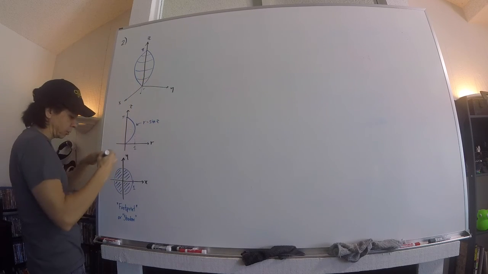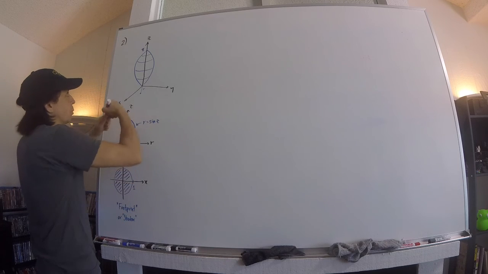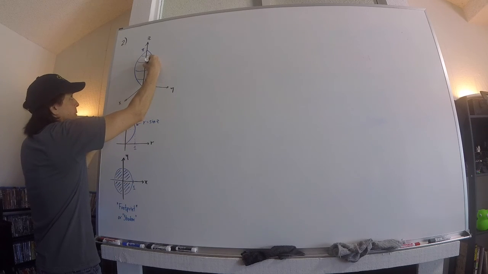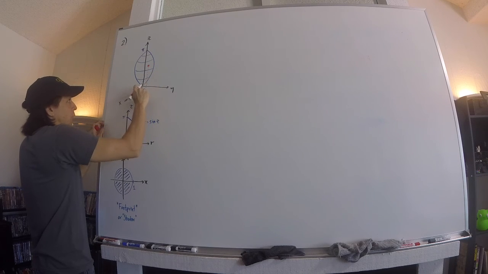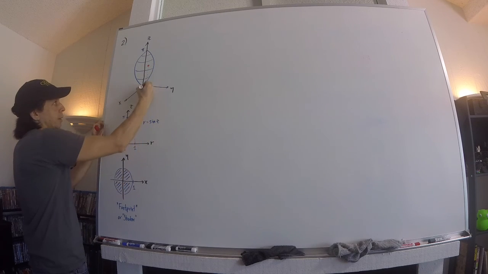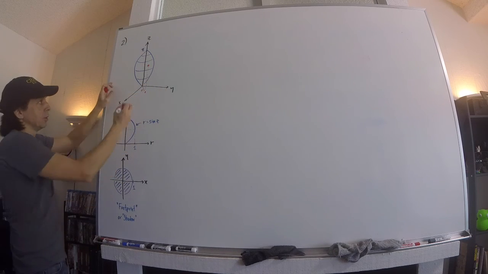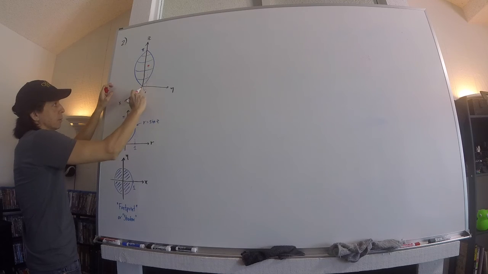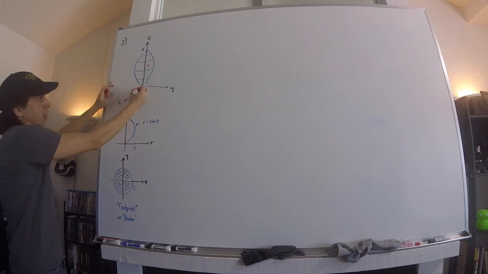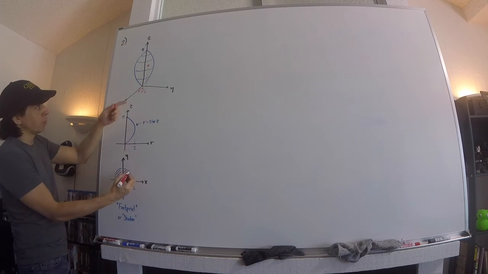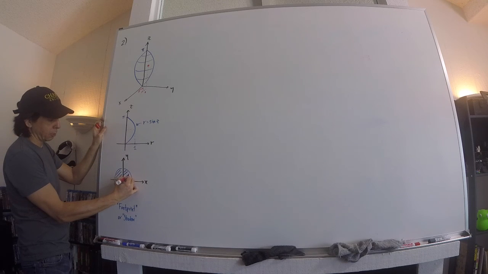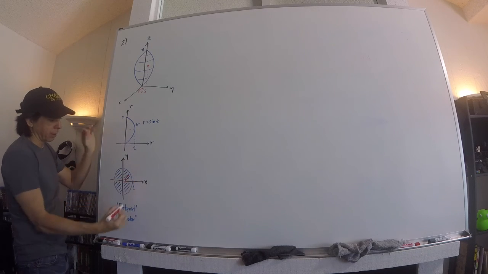Even if it's a point above the xy plane, like a point somewhere in here, we would find the projection onto the xy plane, and then that distance from the origin in the xy plane will be your r, and then your theta will be measured as that angle there, counterclockwise from the positive x-axis as you do in trig. So that point right there is about here, and your radius is there, and your theta is there.